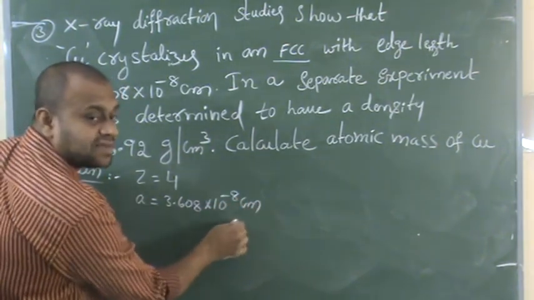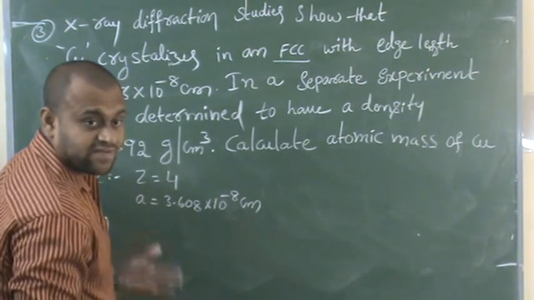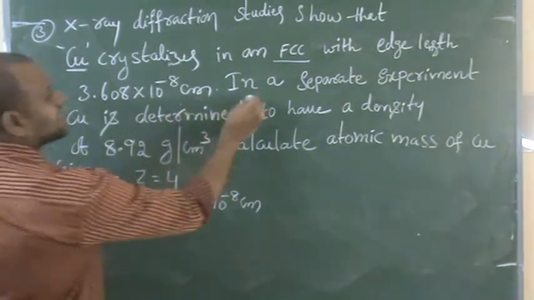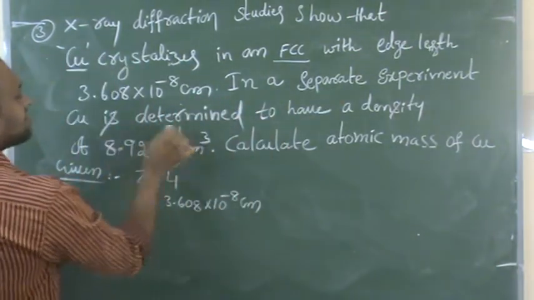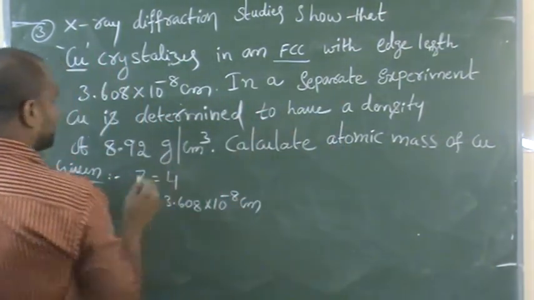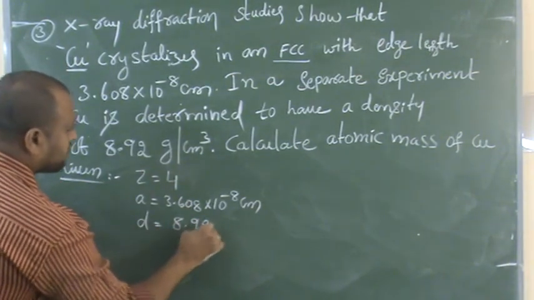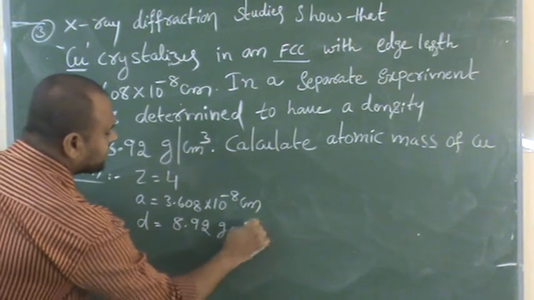Already they had given in centimeters, no need to convert here. If they are given in picometers, then we have to convert. So next, in a separate experiment, Cu is determined to have a density D they had given, 8.92 gram per centimeter cube.